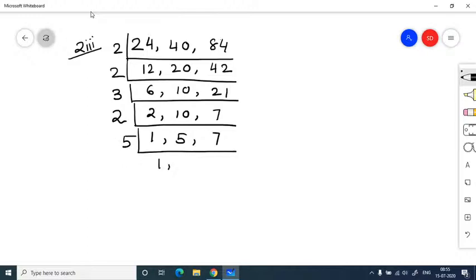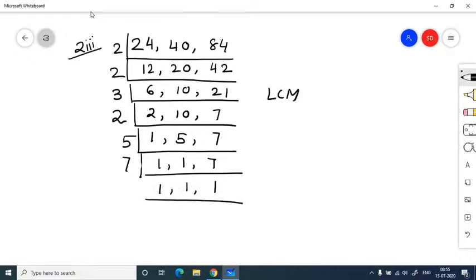5, we will continue until we get all 1s in this part. So this is 7. These are not divisible. This is 1. So your LCM will be the product of all these numbers. Which numbers?